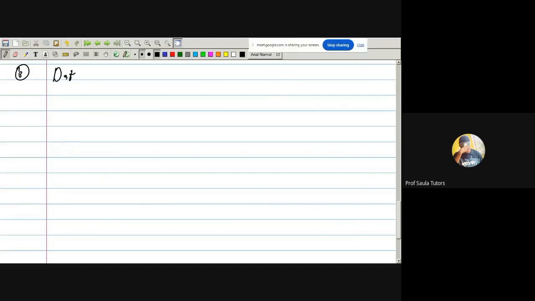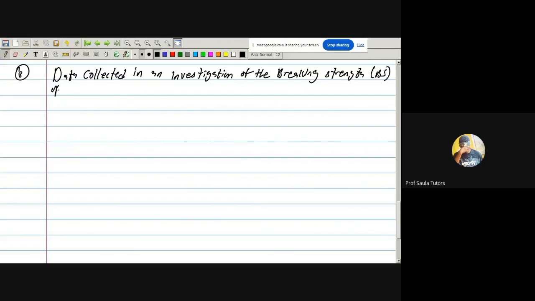They said data collected in an investigation of the breaking strength of bamboo strands was evaluated to have a mean of 6 Newton per meter square.